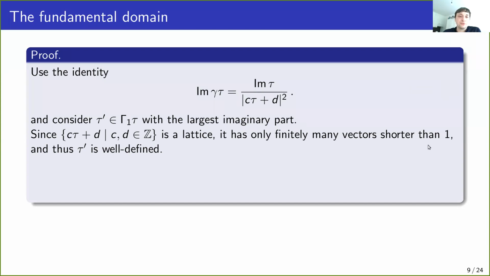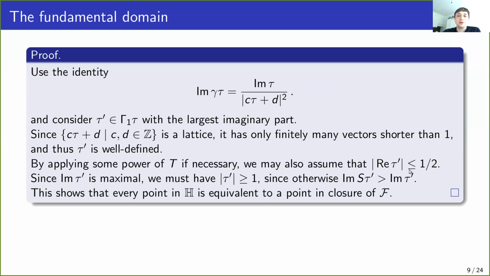But now if you translate sufficiently many times to the left or to the right, you can assume that this point tau prime is actually in the strip between -1/2 and 1/2, maybe including one of the two. And again, since tau prime has a maximal imaginary part among the whole orbit, we must necessarily have this inequality as well, because otherwise, if you apply the S element, you get a strict inequality here.